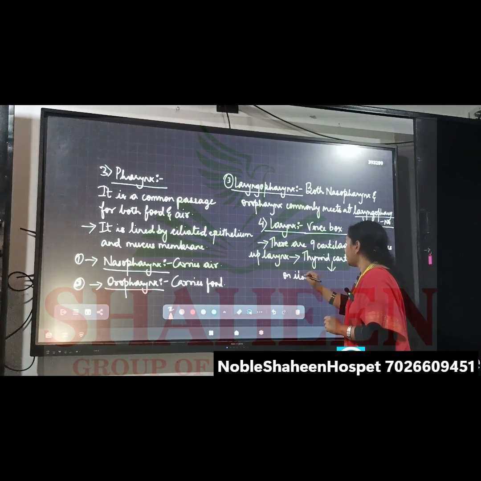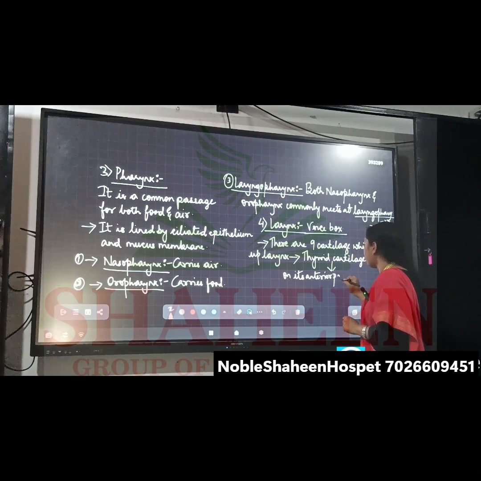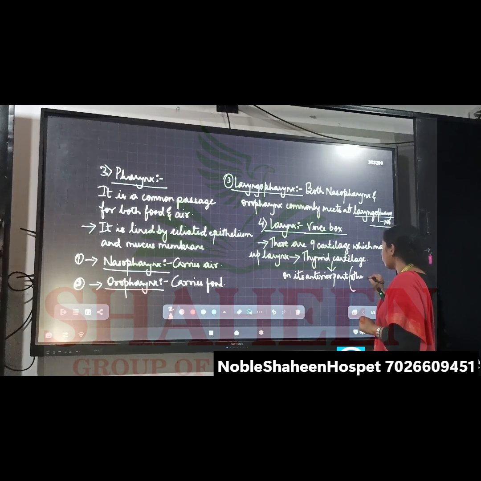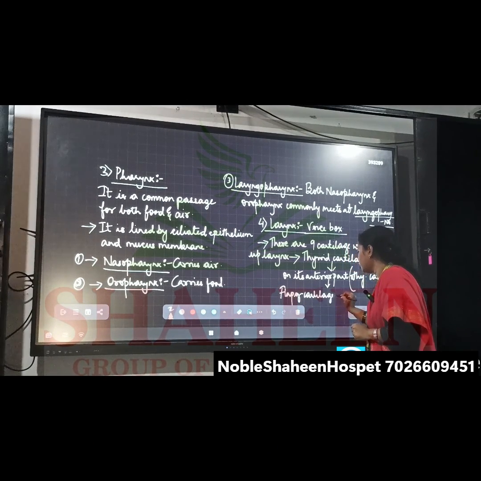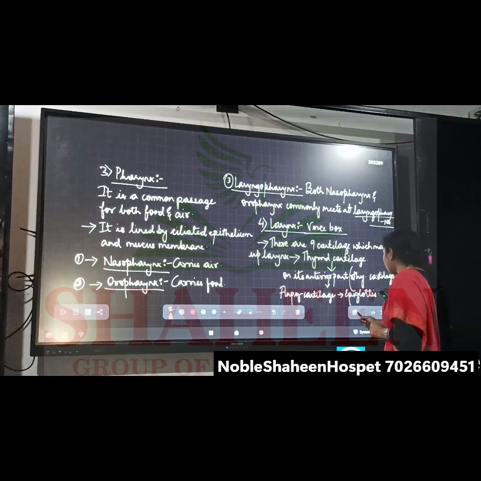So on the anterior part of this thyroid cartilage, we can see a flap of cartilage called epiglottis.